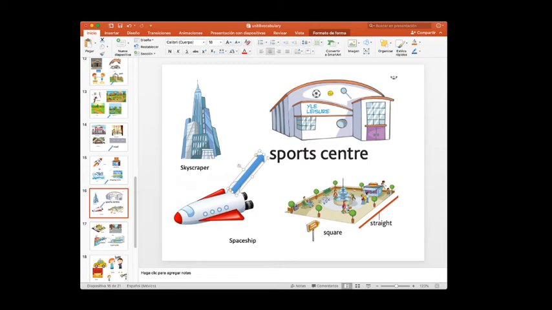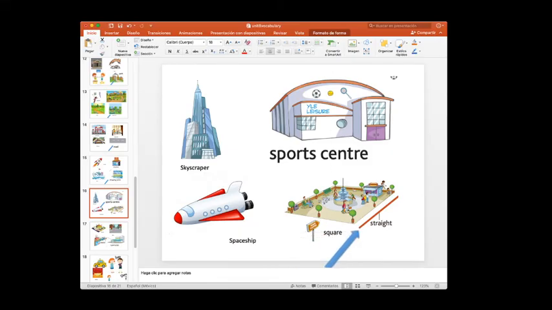And if you like to do some sports, there is the sports center. This all the building, it means a square.